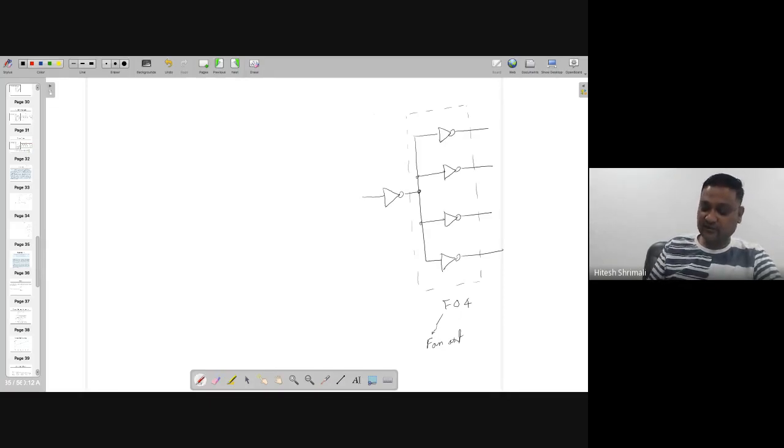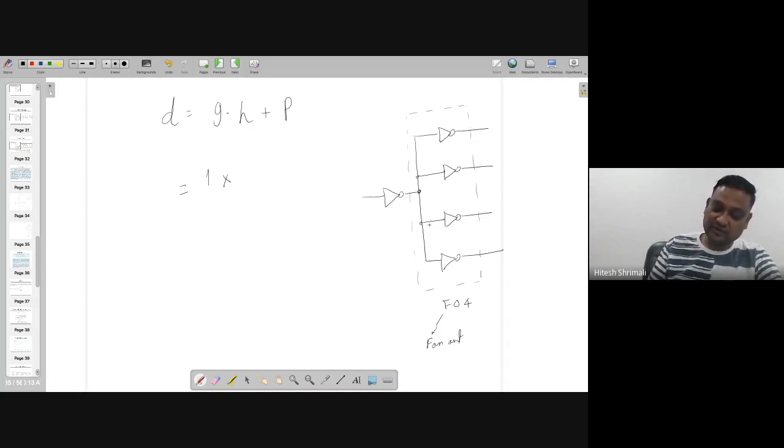So if I need to find out the delay of such kind of thing, this FO4 delay will be as follows. You know that D equal to GH plus P. G of all of them is actually 1, but when you are looking at H, which is C out by C in, it is not equal to 1, but it's going to be equal to 4, because there are 4 inverters in parallel.